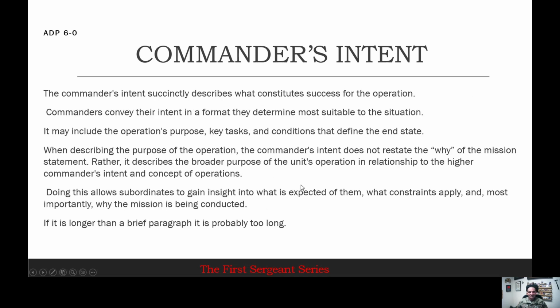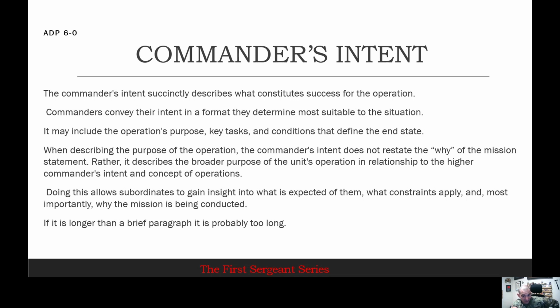The commander's intent describes what constitutes success for the operation. Commanders convey their intent in a format they determine most suitable for the situation. It may include the operation's purpose, key tasks, and conditions that define the end state. When describing the purpose of the operation, the commander's intent does not restate the why of the mission statement. Okay, I want you to remember that.